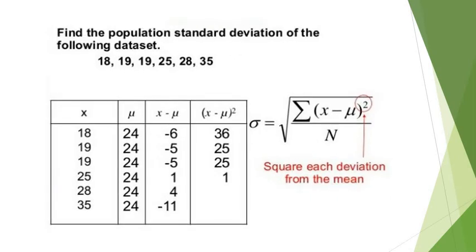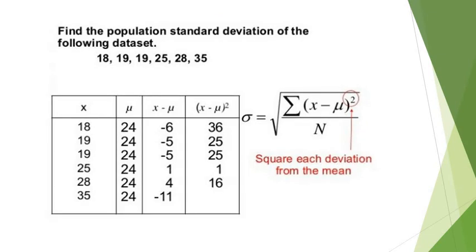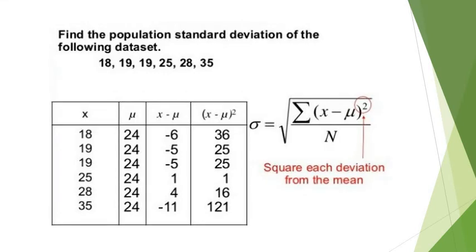Positive 25, positive 1, positive 16, and the next one will be what? Yes, 121, negative or positive? It should be positive. Despite us having a negative, it will work because negative 11 squared is the same as positive 11 squared, and that will be 121.